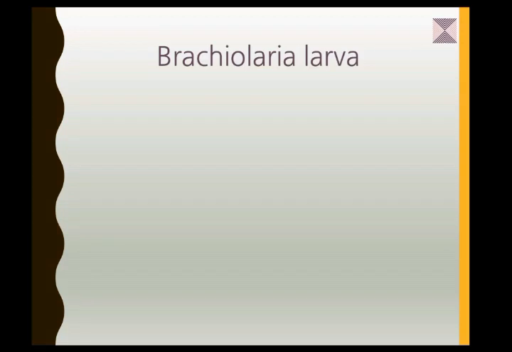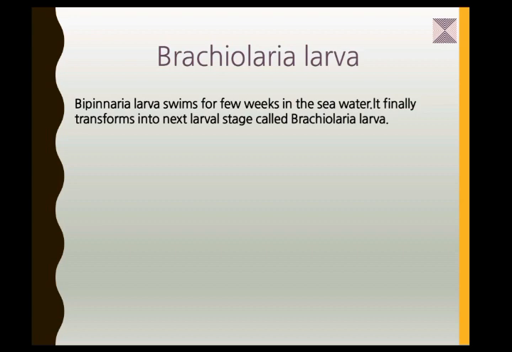Brachiolaria larva. So this larva is being developed from the Bipinnaria. So if I take the Bipinnaria larva, from which the Brachiolaria has developed, it swims for a few weeks in the seawater with the help of the ciliated bands.